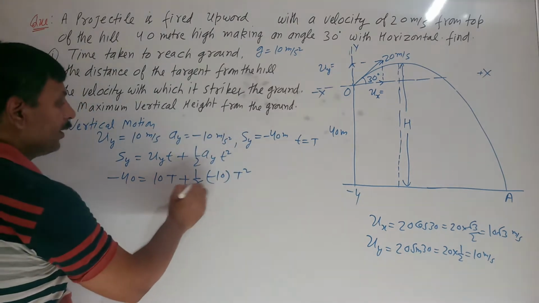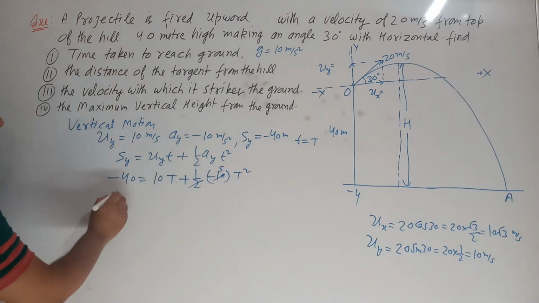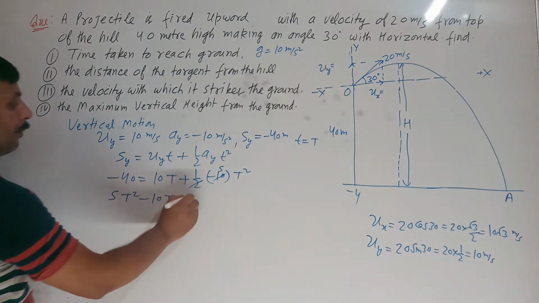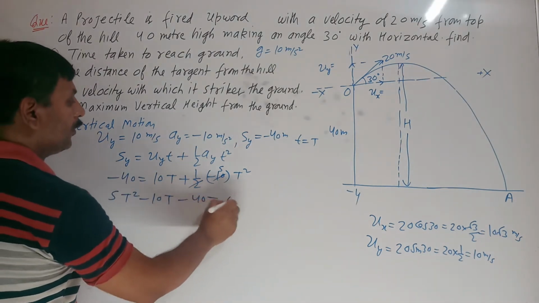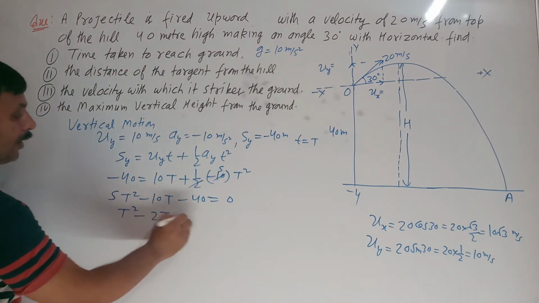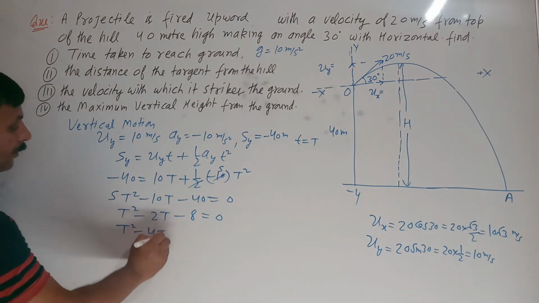2 5s are 10, 5 I have taken to the left hand side: 5t square minus 10t minus 40 is equal to 0. Divide by 5: t square minus 2t minus 8 is equal to 0. 4 2s are 8, factor I have done.